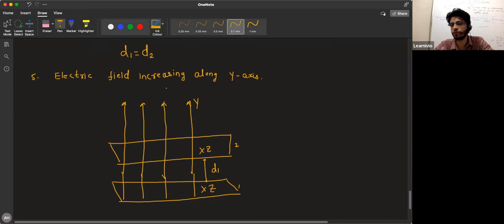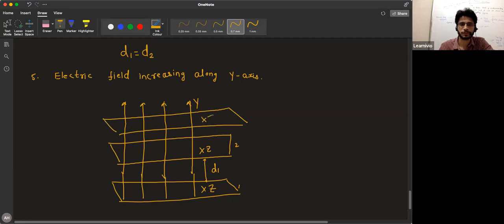So if the field increases, what should happen to the separation? It will decrease. So what should be your answer? What will be the separation between 2 and 3 as compared to 1 and 2? Will it remain the same or decrease? It will decrease. Now you get the point. So this is the xz plane. Alia, is it clear?